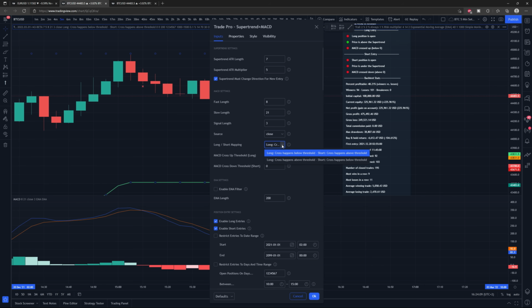And you can also change the long/short mapping, which means you can either have it so the MACD is going to enter long when it crosses up from below the zero line, and short when it crosses down from over the zero line, or you can have it the other way around, where if the cross happens over the zero line or whatever threshold you set, it's going to take a long, and a short will only happen when the cross happens below the threshold, or zero line is what I'm talking about here, but you can choose what you want that threshold to be as well. So that is also customizable.